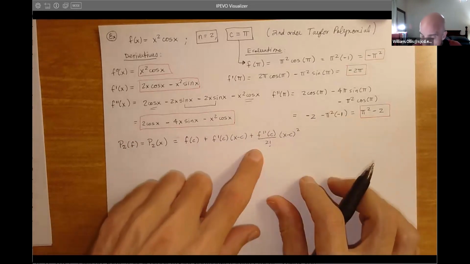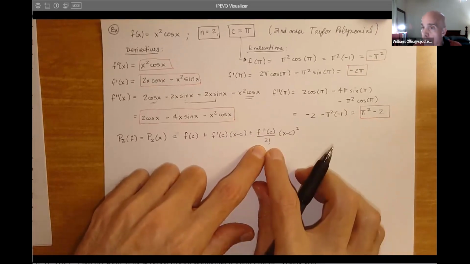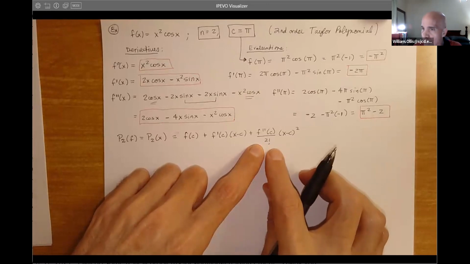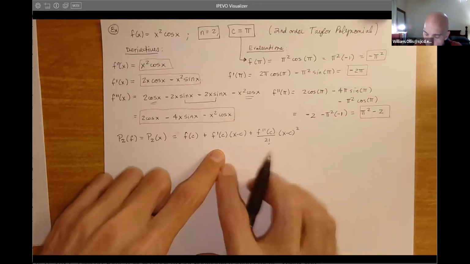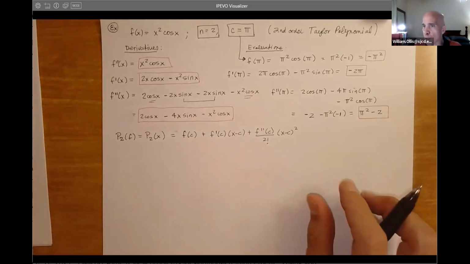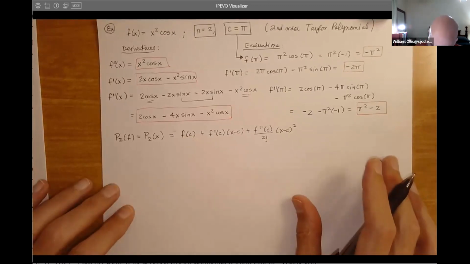Just remember, as you raise the order of the derivative, you have the concomitant factor of n factorial in the denominator. That's always easy to forget. So that's why I write these down to remind you. You'll be working along, you throw in the derivative, and you forget the factorial. So just be mindful of that.